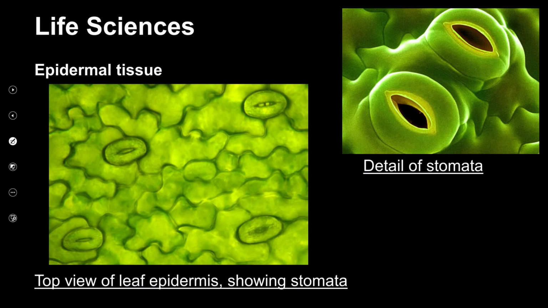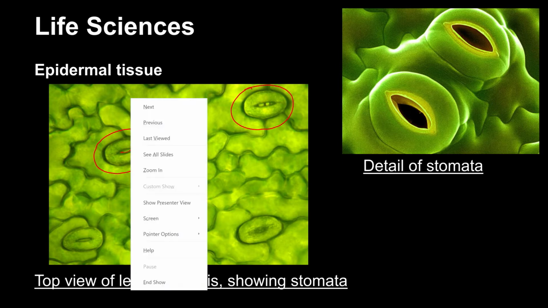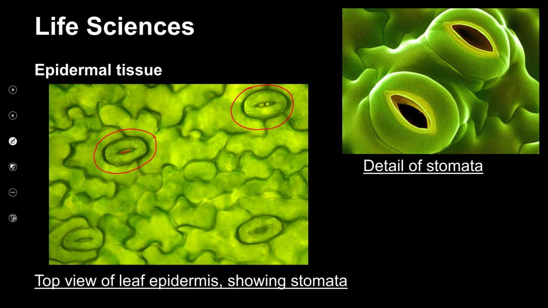This is the surface view of a leaf with some of the stomata, and you can see the opening between the two guard cells where the gas can go into and out of the leaf.